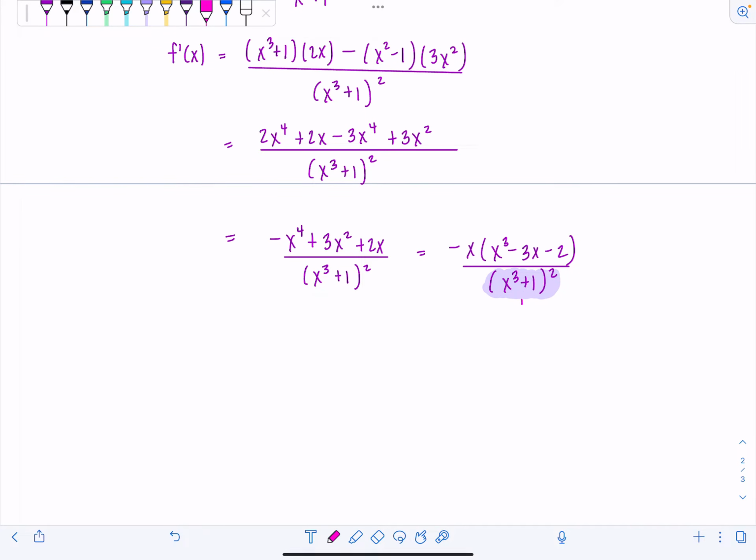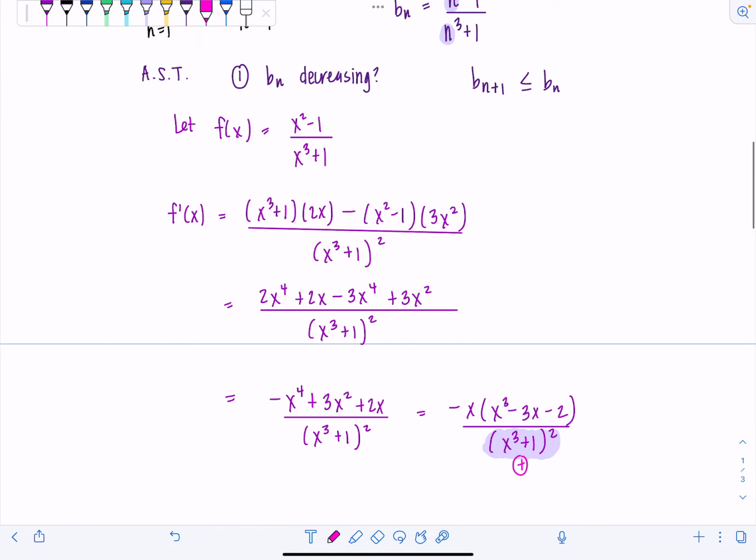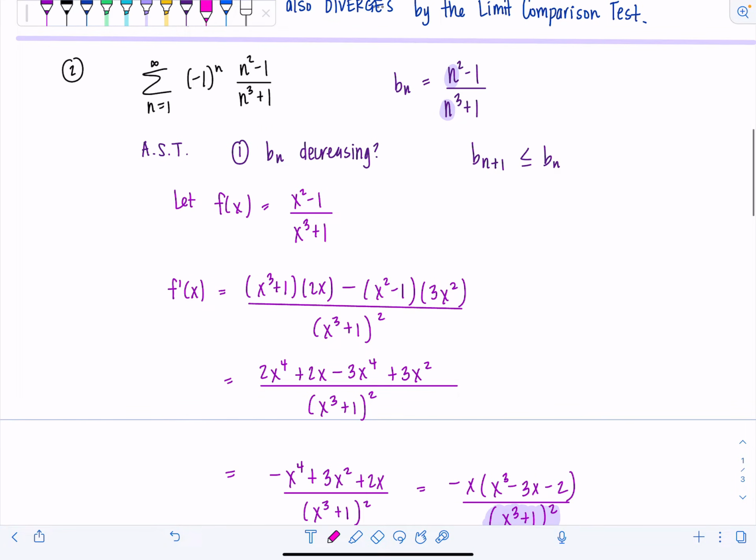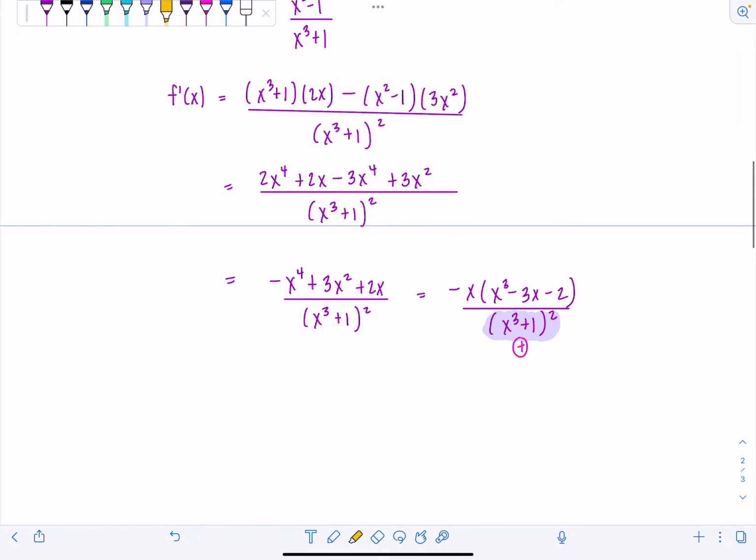That's always positive. Remember, the x values that we're going to be substituting in correspond with what values n takes on in this sum. So the smallest thing we would plug in is 1. Why am I interested in that? So this is always going to be negative right here.